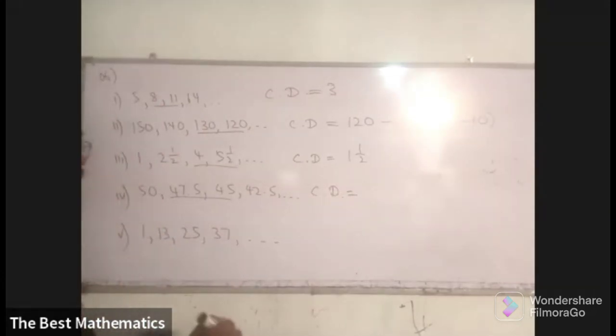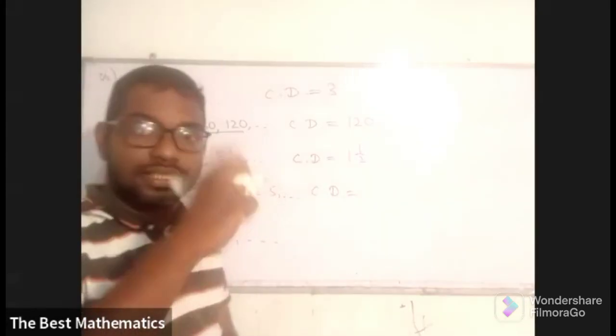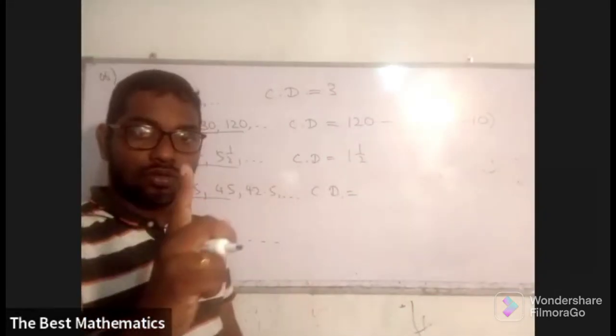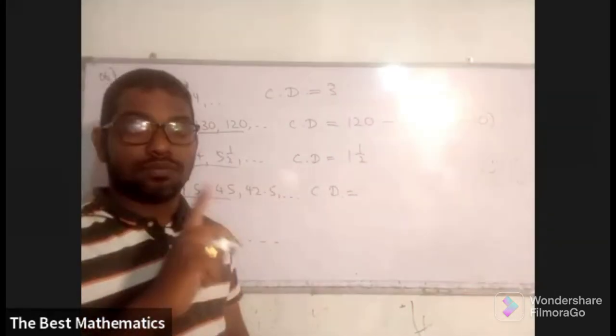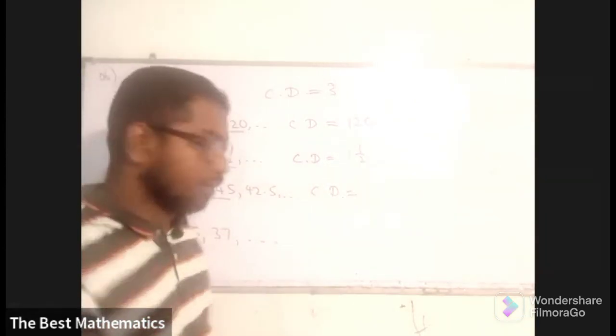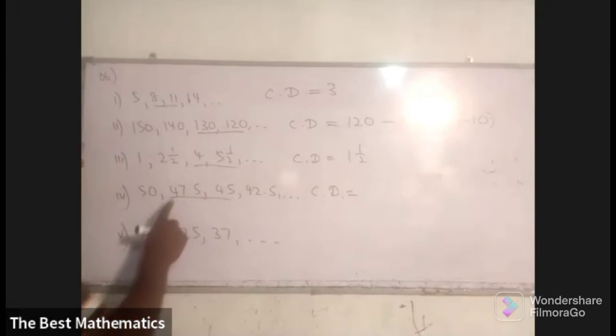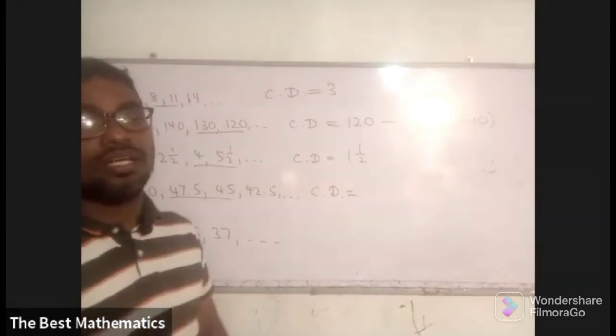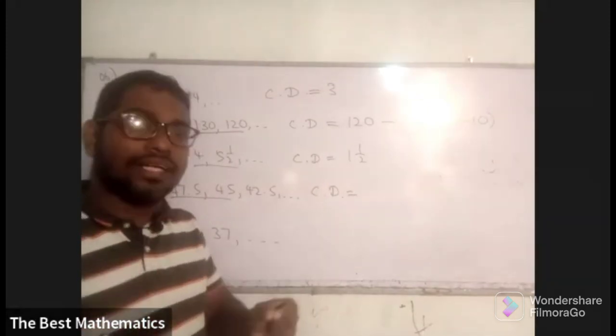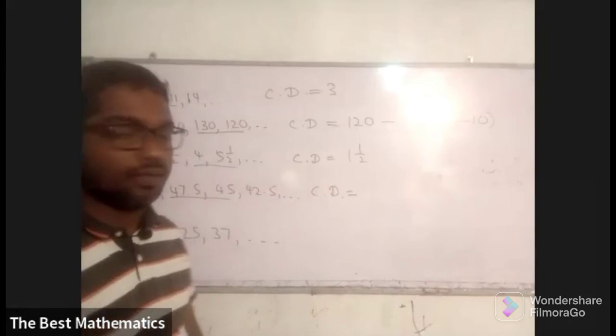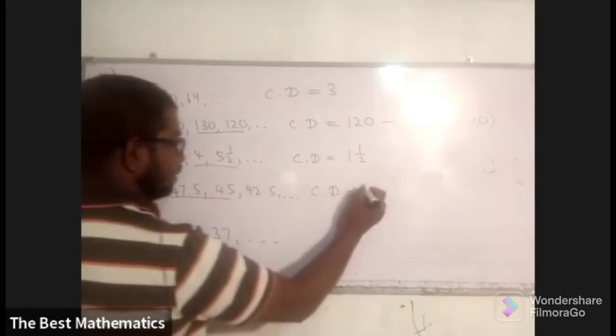Every time we have to subtract the previous from the next, whether the previous one is large or small. We have to subtract that from the next one. Then the previous one is 47.5.